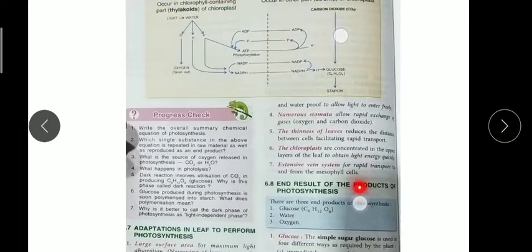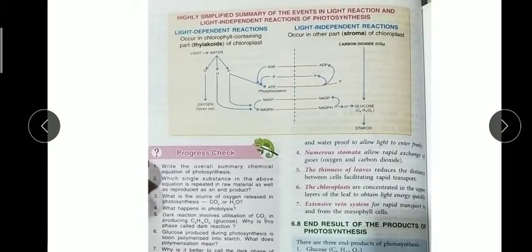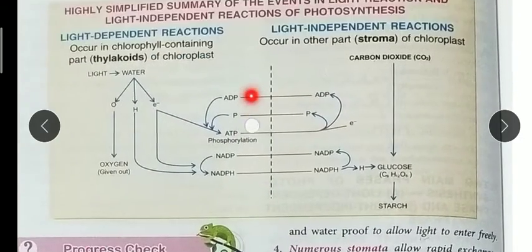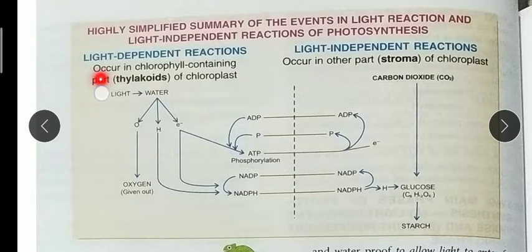Now, one flow chart is given, a highly specified summary of the event. You can see it is divided into two parts. In the first half they are showing the reactions of the light dependent reaction, and in the second part the light independent reaction.